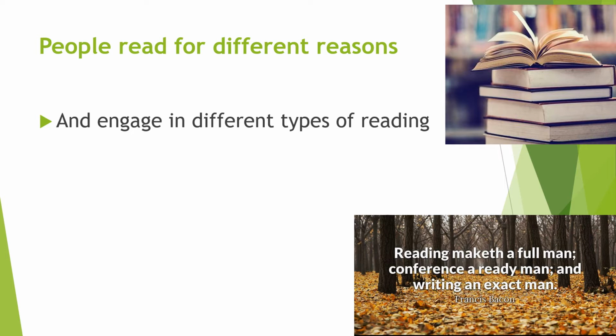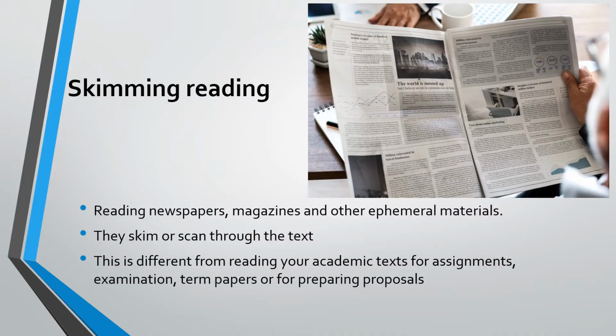As we're going to see in our lesson today, you will see authors have given different types of reading, such as skimming reading, close reading, general reading, and we're going to look at these different types of reading as we journey along.